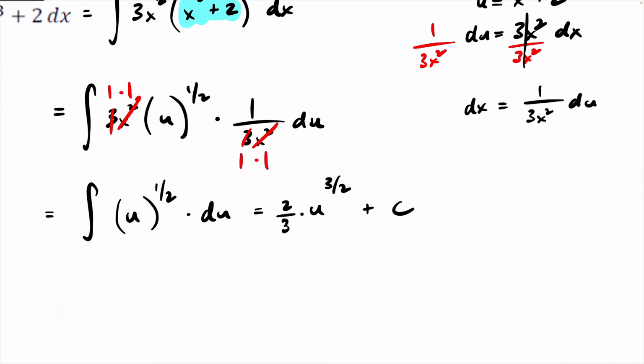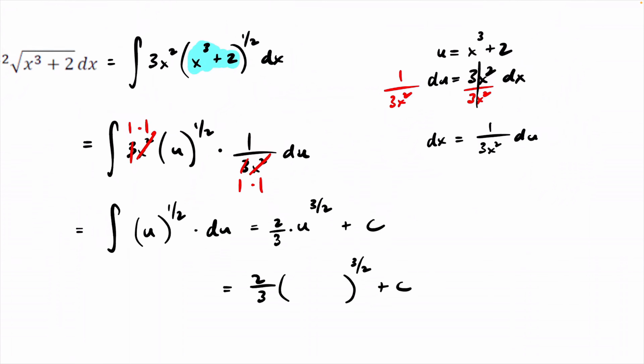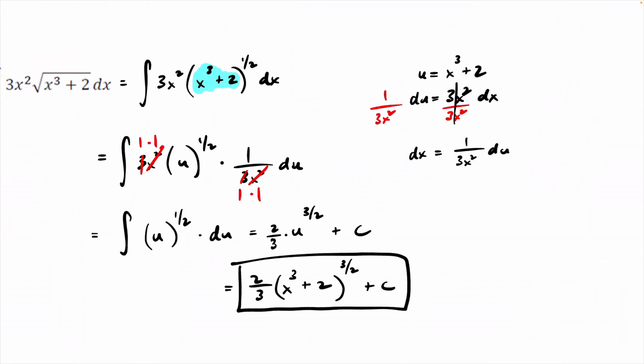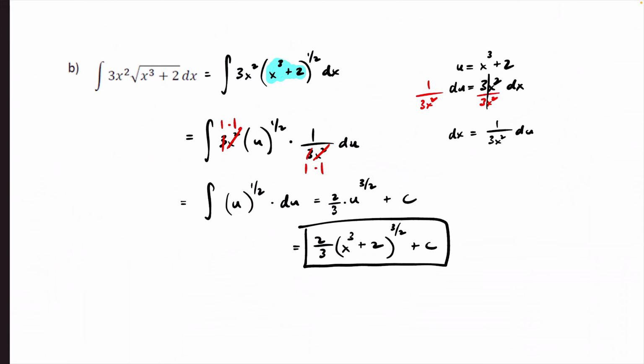Last step, move u back in. U originally was x cubed plus 2. You're done. That is the antiderivative. This guy is the antiderivative of that.